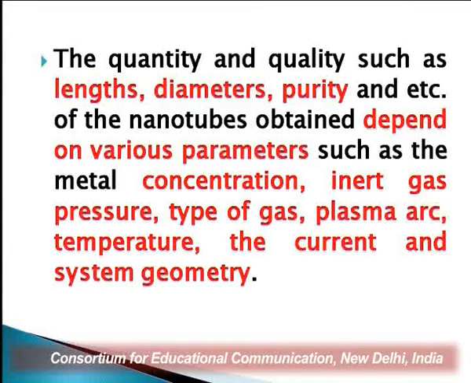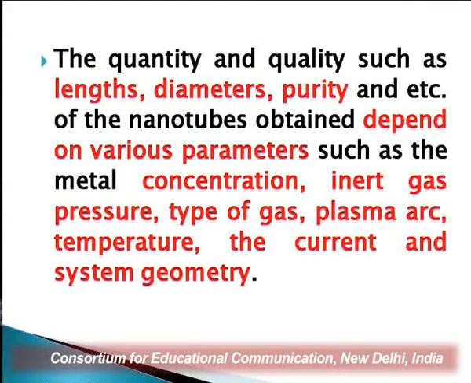These depend upon various parameters such as metal concentration, inert gas, pressure, type of gases, plasma arc, temperature, the current, and the system geometry. All these parameters change the size and shape of the carbon nanotubes. Moreover, the quality and the quantity are also changed by these parameters.